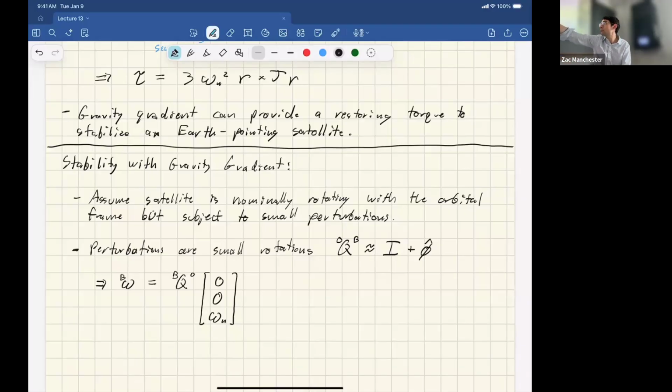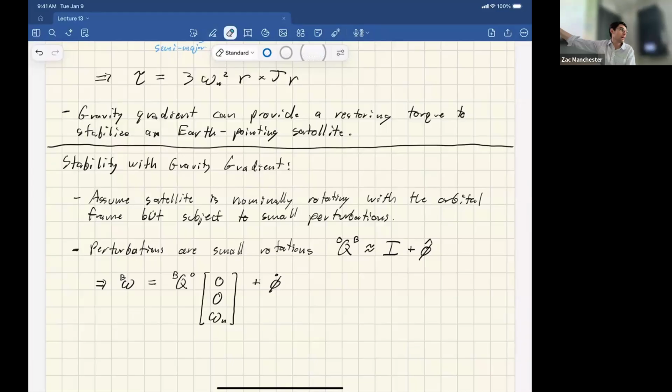I'm going to rotate that from the orbital frame into the body frame. So that's one contribution. And then the other contribution is due to my actual perturbation, which is just phi dot. So the nominal rotation is just that mean motion stuff, again rotating the body frame, where that Q thing is approximately identity. And then we've got the velocity of the perturbations in there.